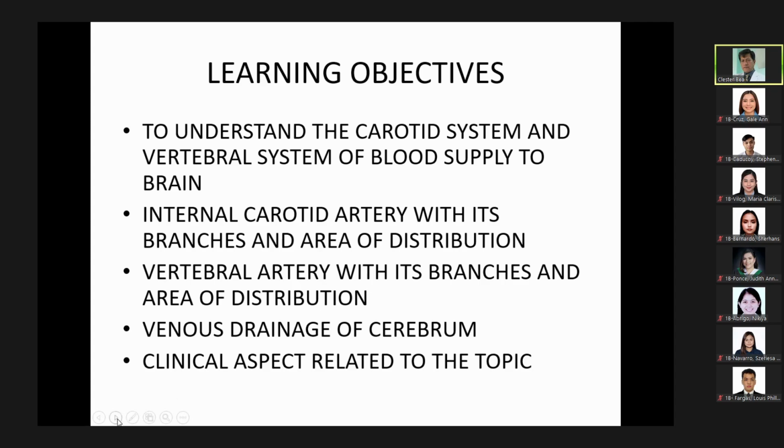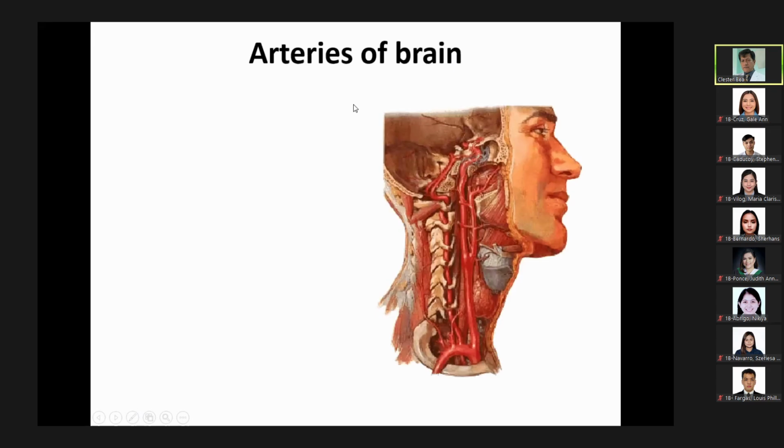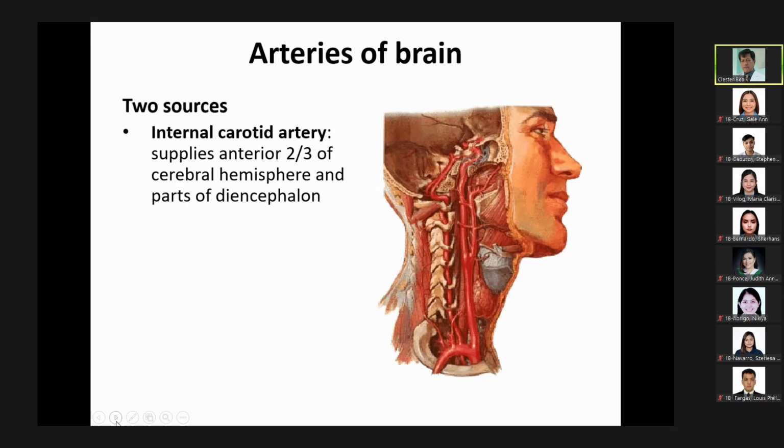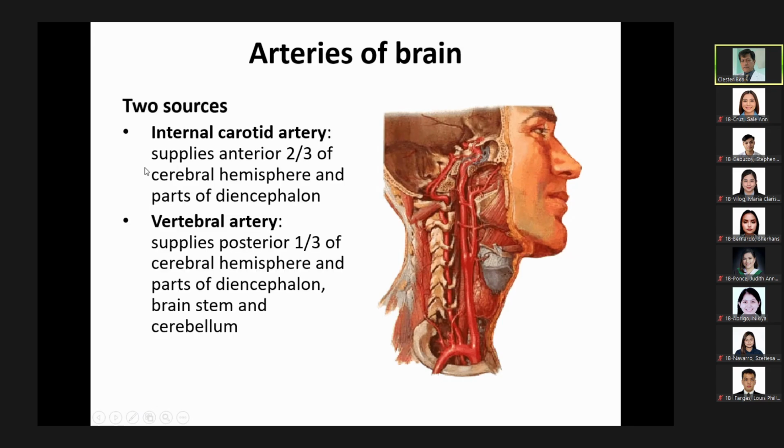Okay, so let's start first with the arteries that give blood supply to the brain. That will be your internal carotid artery and your vertebral artery. Now, the internal carotid artery, okay, is a branch of the common carotid artery. On the right, okay, the common carotid artery emerges from the brachiocephalic artery, this one here.